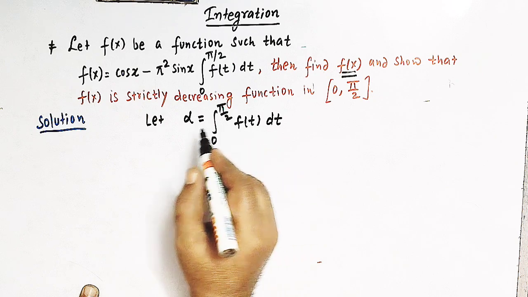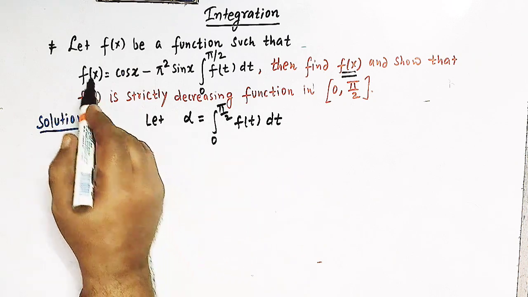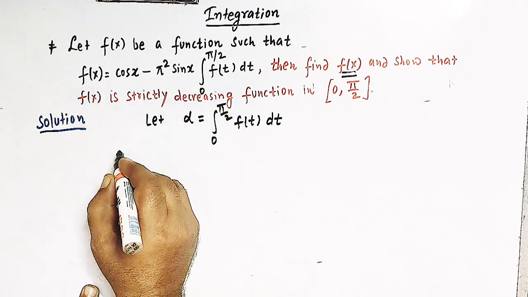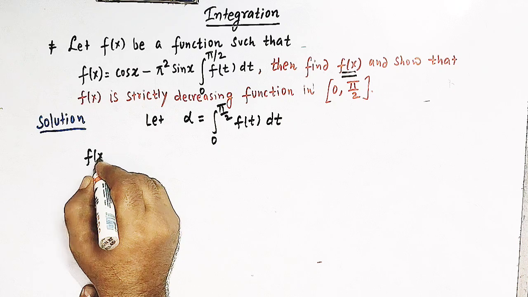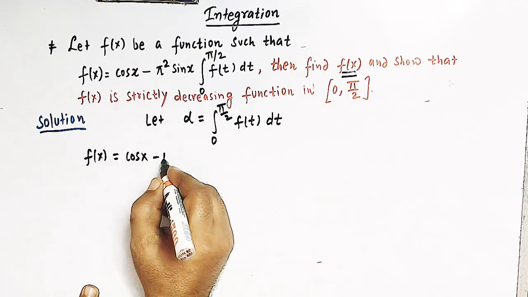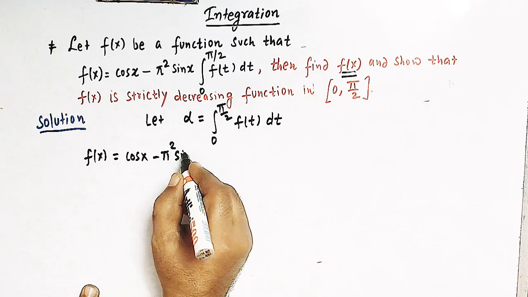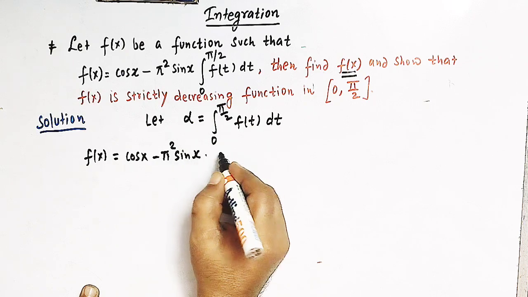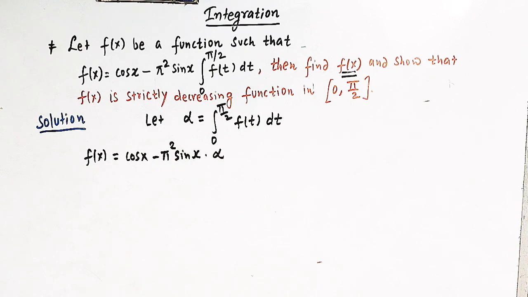So taking this integral as alpha, we can now write this equation in terms of alpha as f of x is equal to cos x minus pi square sine x alpha, right?